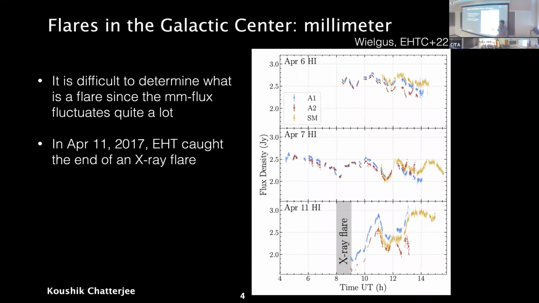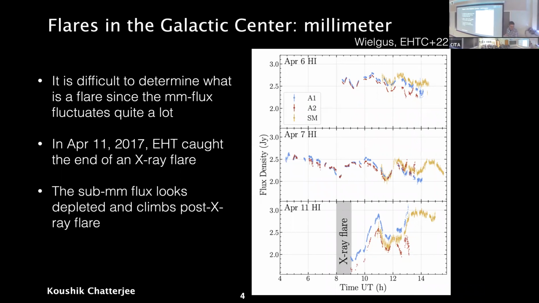So if we were to interpret this somehow as a flare mechanism, and these two are connected, that could help us pinpoint what sort of process can actually give us that signature. Yes, so it looks depleted and climbs post X-ray flare.